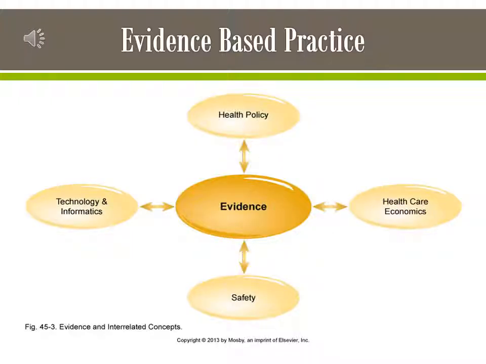This diagram I included is from your Giddens textbook, and there is a brief description in your Giddens textbook about this diagram, but what I want you to do here is basically contemplate the diagram and see if you can understand the relationship between each of these concepts and how they interact with evidence.